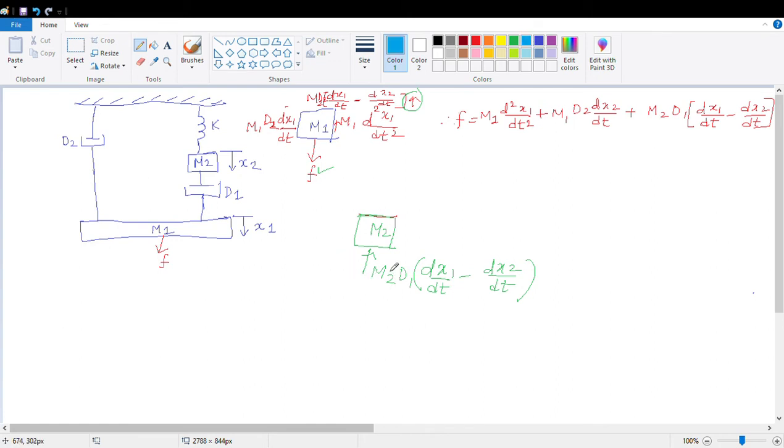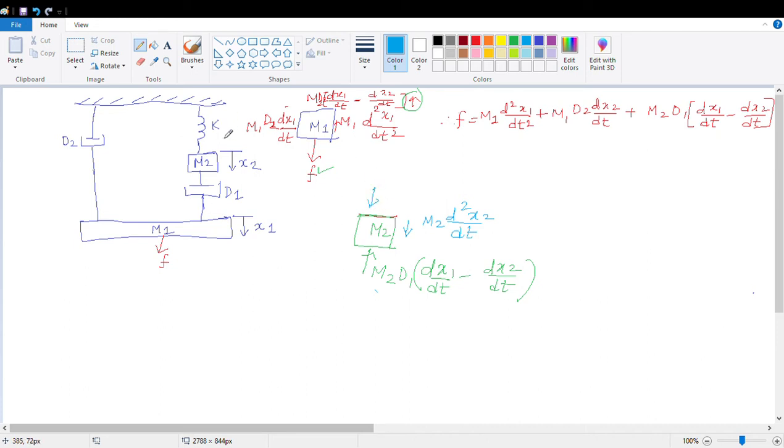One is its inertia force, M2 d2x2/dt square. The other is the spring attached to mass M2, which also restrains the force.